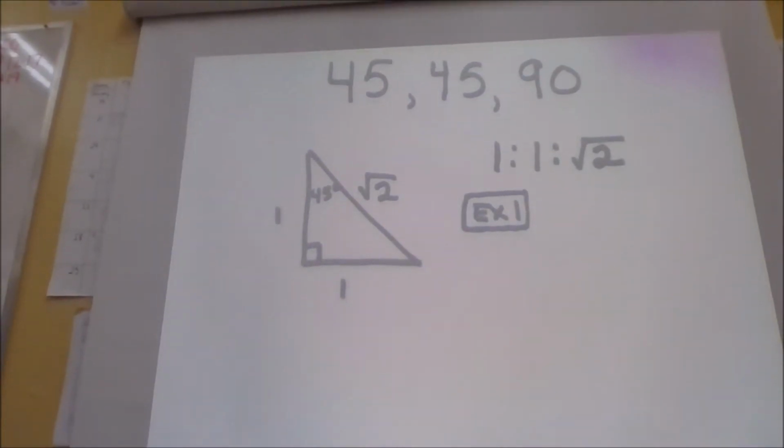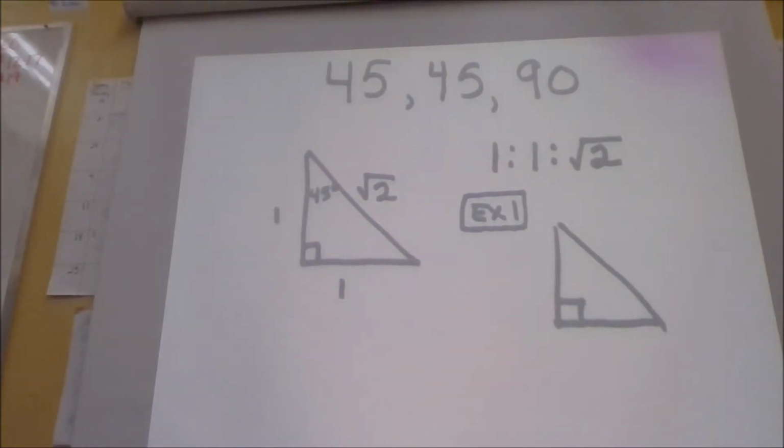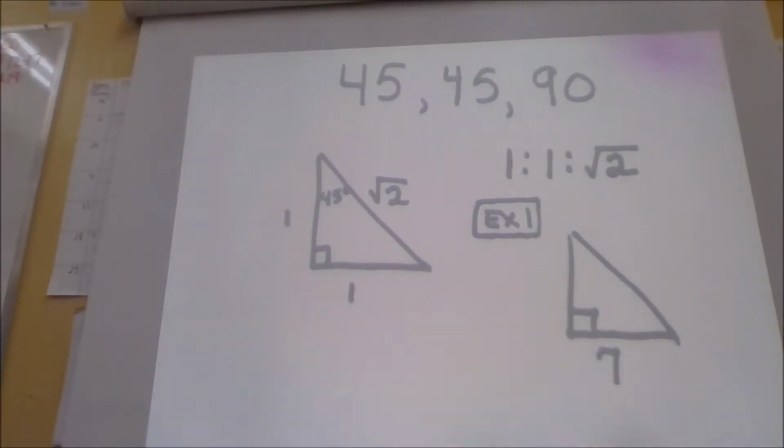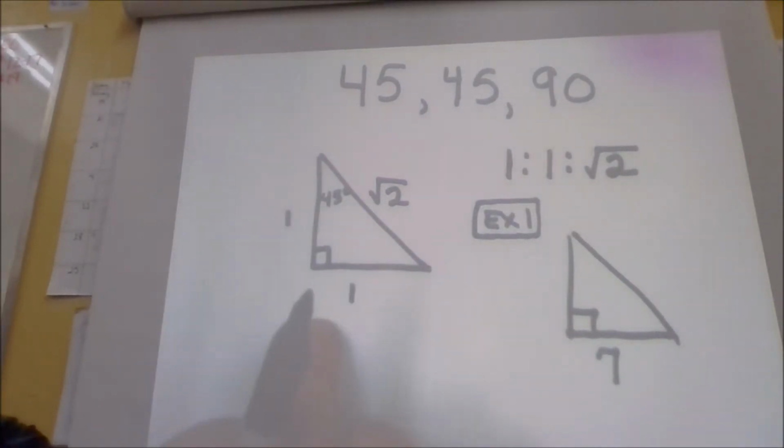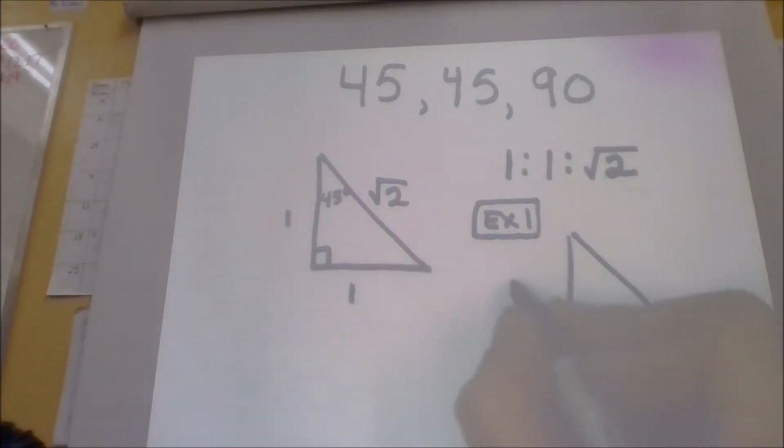So the quick example that will illustrate this ratio is when you are given one of the legs of the triangle. Let's say one of the legs is 7. And we know that if one of the legs is 7, because it's a 1 to 1 ratio of the legs, the other leg is 7.